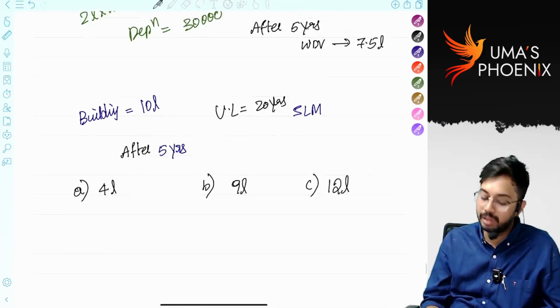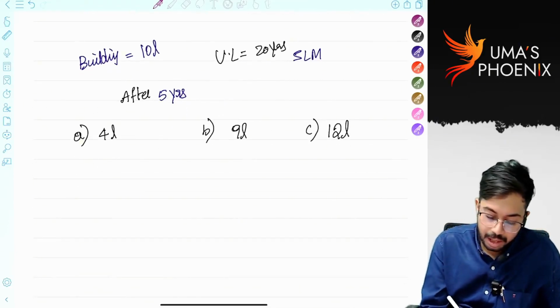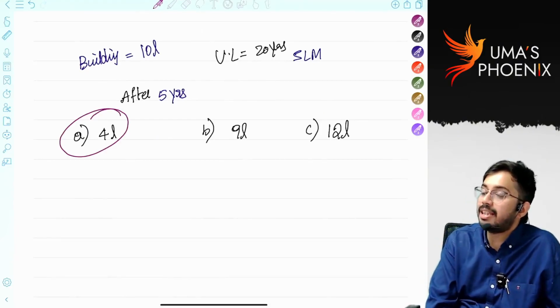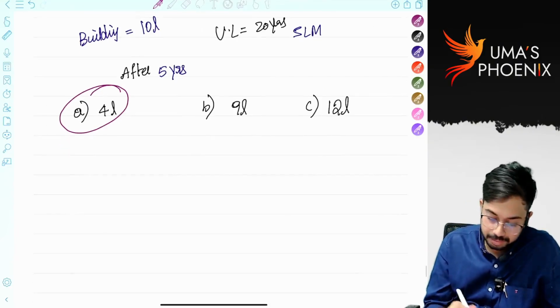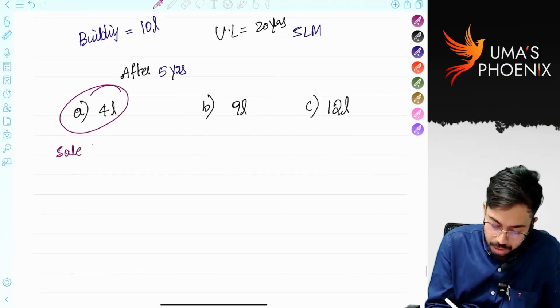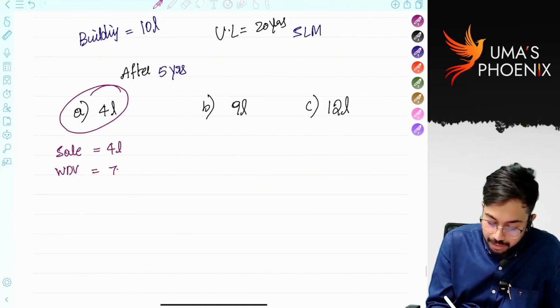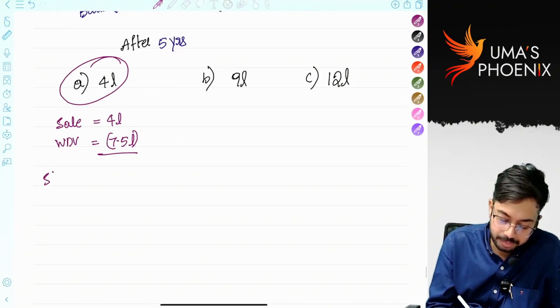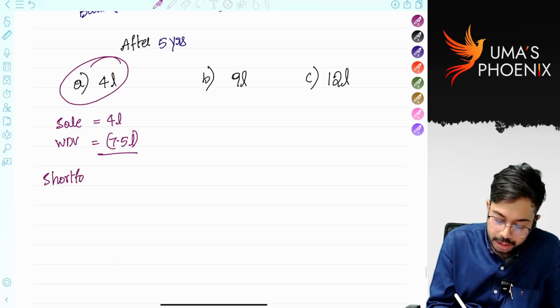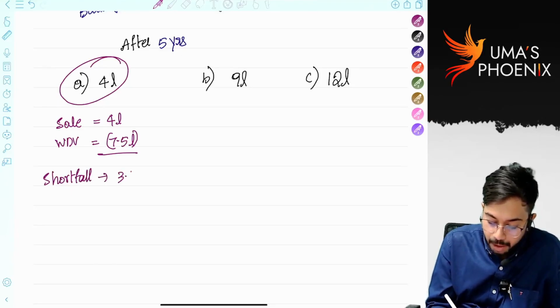Correct? Now, case 1, it is sold for 4 lakhs. Is there gain or loss? Sale value 4 lakhs, written down value 7.5 lakhs. Is there surplus or shortfall? Shortfall. How much is the shortfall? 3.5 lakhs.